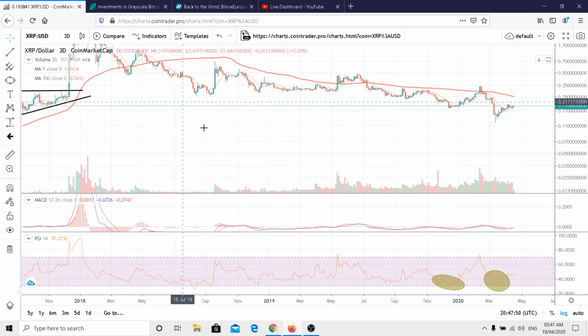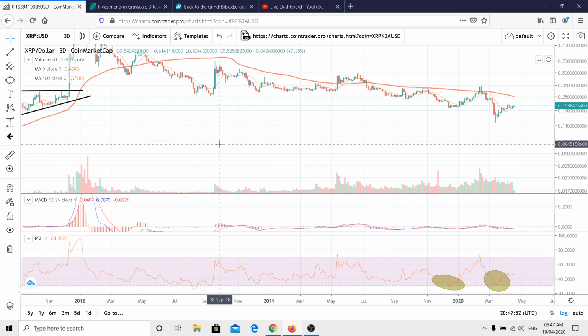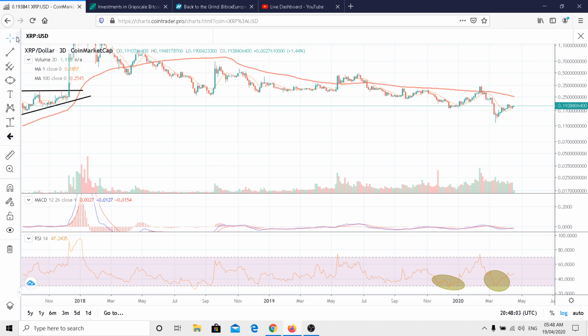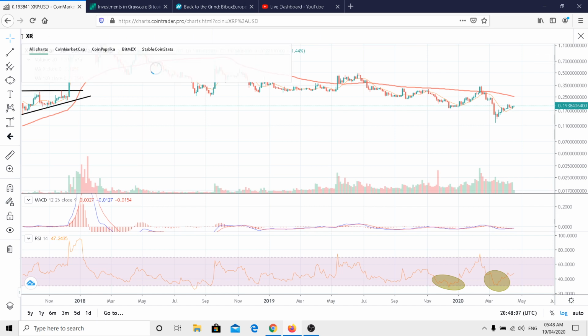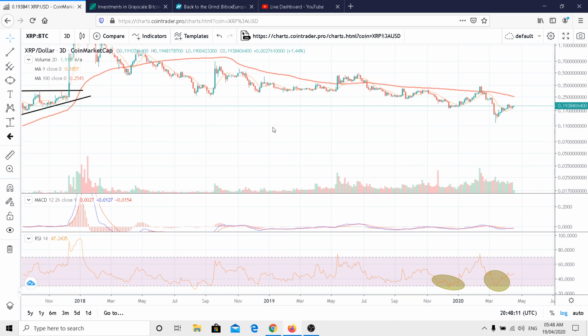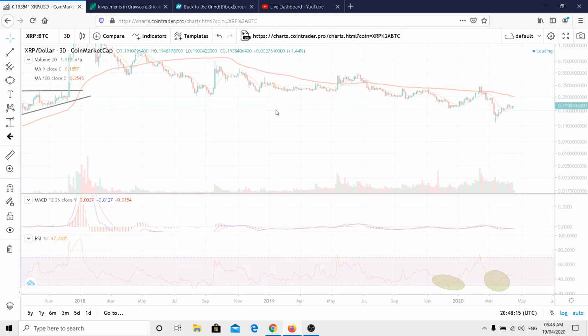Go back into charts and look at the XRP USD chart, and you will understand what I'm trying to illustrate. If everything is moving with BTC, then in the XRP BTC or Ethereum BTC chart you should be getting the same fluctuation. You shouldn't be moving up or low.